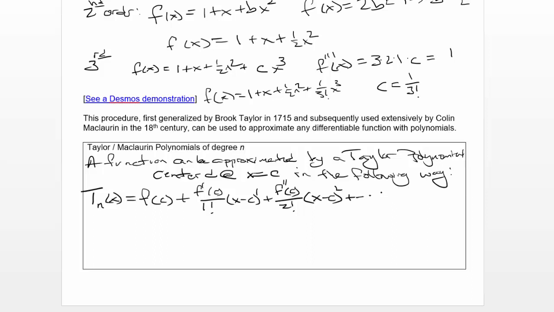You continue on until you get to the nth derivative over n factorial, again at the center, times x minus c to the n.